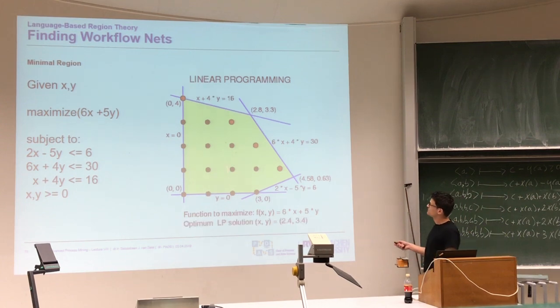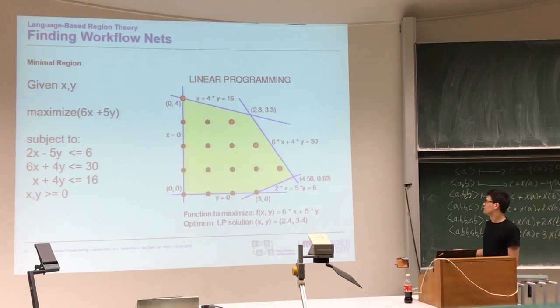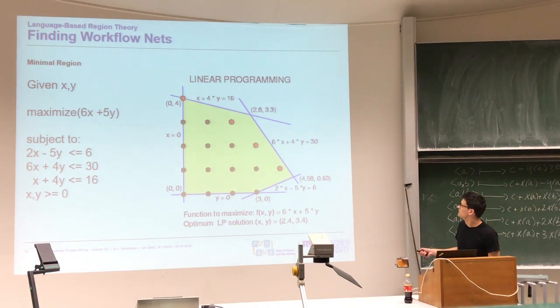The optimal LP solution, which allows for fractional values, is 2.4 for x and 3.4 for y, so that's somewhere here. That would be the optimal solution to this maximization function. But in some cases, we're only interested in integer solutions, so non-fractional.